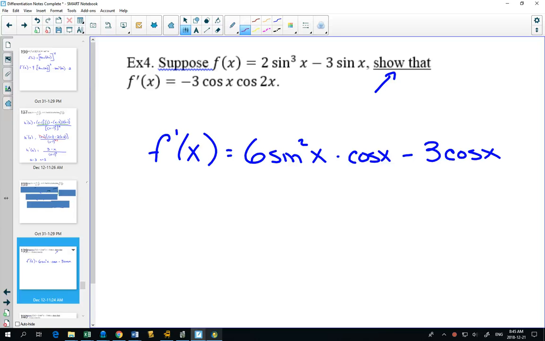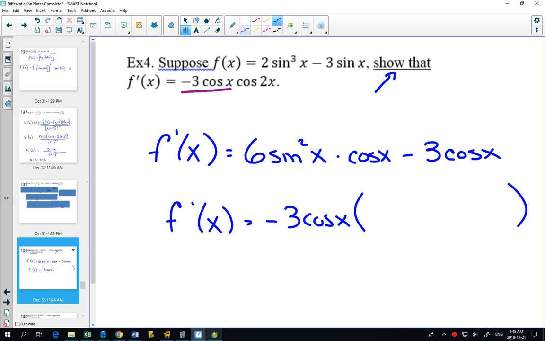So at this point, because I have this negative 3 cos x, I look at my equation and say, I'm going to factor out a negative 3 cos x out of this. I don't know if that's going to be helpful at this point, but this is often what happens when you're doing a proof. You're not sure where you're going, but you try something and see what happens.